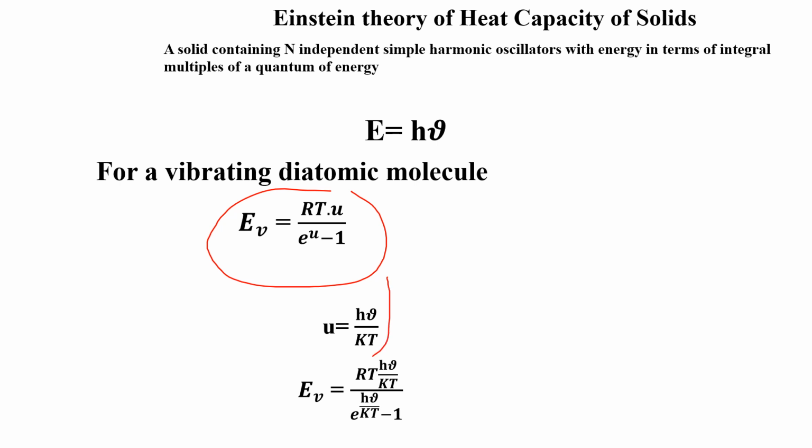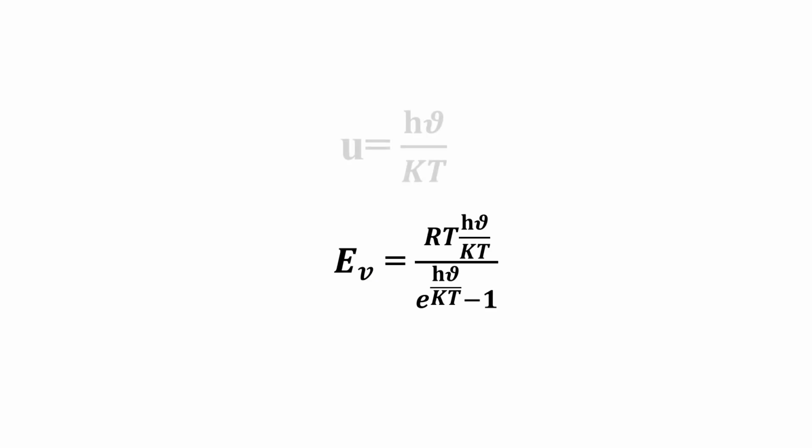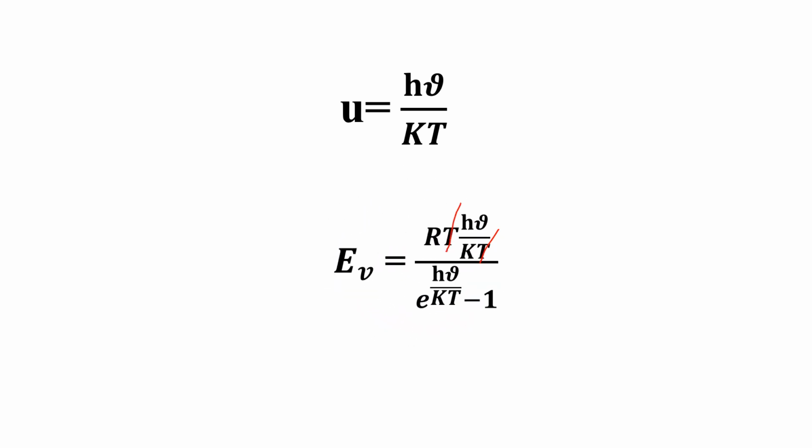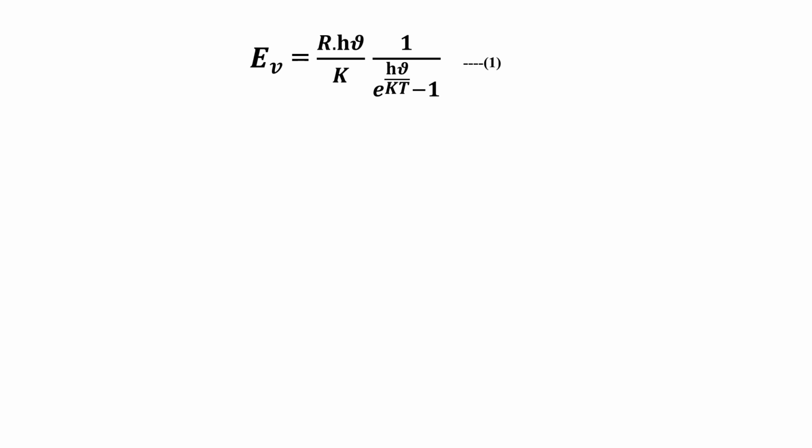Then there will be a T in both numerator and denominator, which can be cancelled, and the vibration energy value will be without T as such. This is equation number 1.